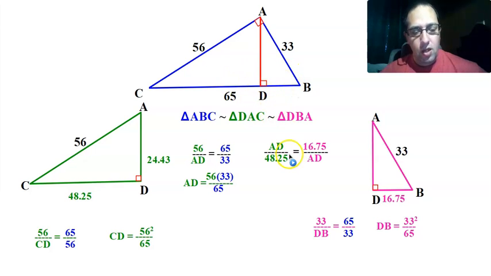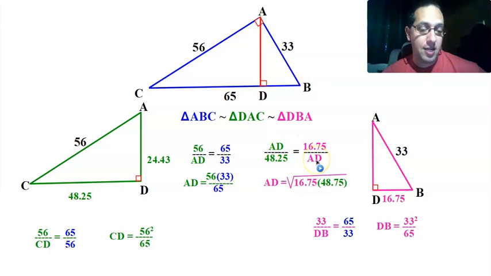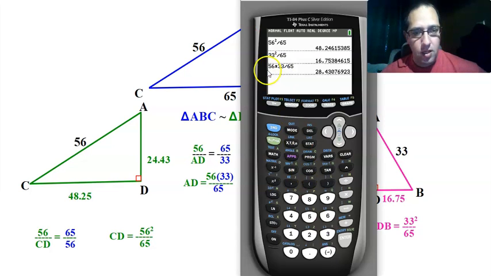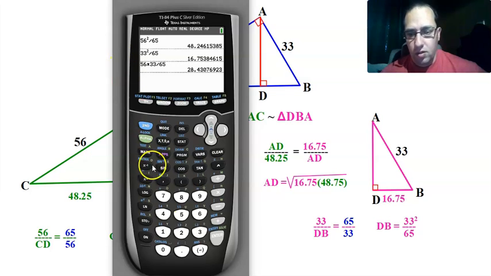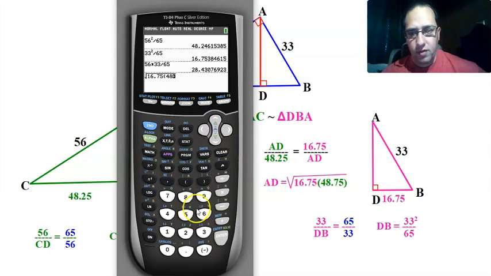We multiply those together and take the square root, because over here we have AD times AD, so AD squared, and we just want the square root of it. So let's take a look at that. I want the square root of 16.75 times 40, wait, that's a typo. That should be 25. I'll fix that in a minute.